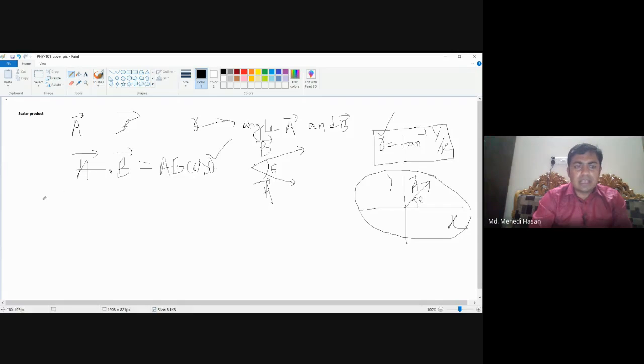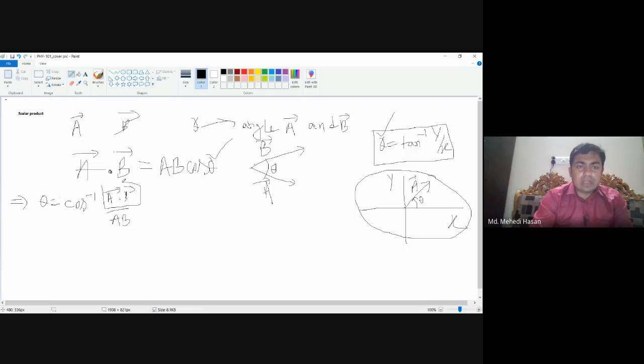So if the question asks you to find the angle between two vectors, you can calculate theta equal to cos inverse of A dot B divided by AB. So this is the formula to calculate the angle between two vectors.